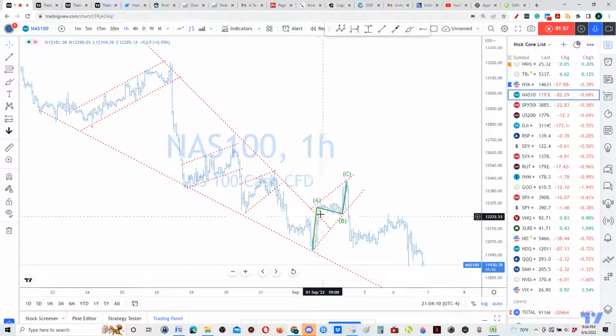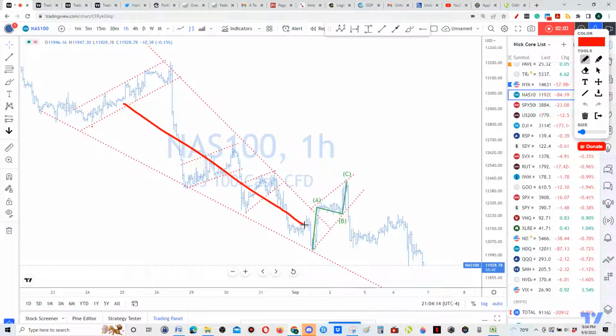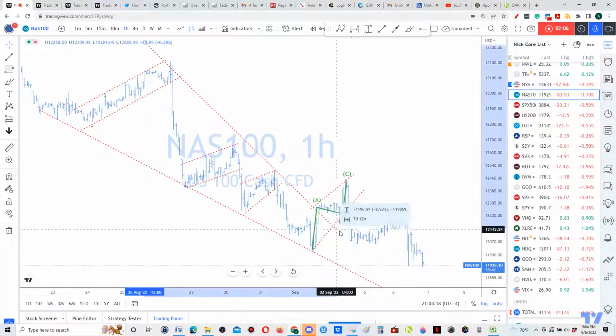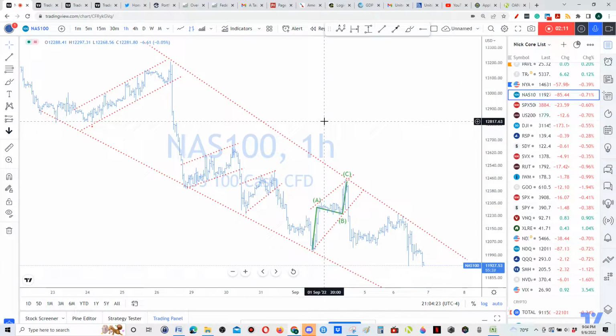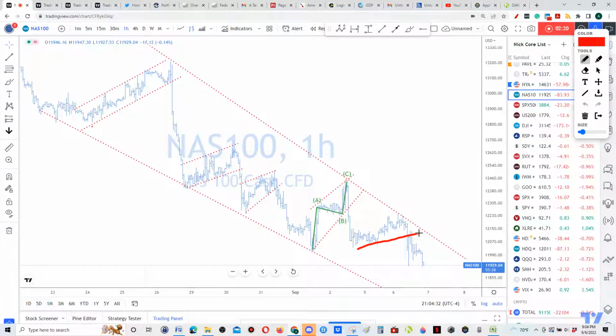When you correct, because this needed to correct as it was getting too tight, what ends up happening is an expansion of the structure, which I talked about in the update video. Then another bear flag came up to that downtrend line and failed again.